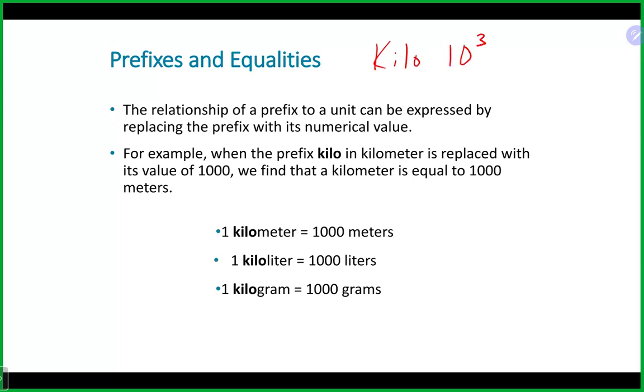And again, when you see kilo listed as 10 to the 3, this is scientific notation. This is basically 1 times 10 to the 3. So if you needed to punch that in your calculator, you would punch it in like we talked about in terms of scientific notation.